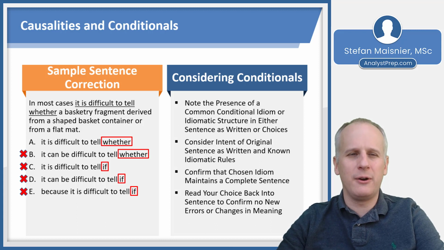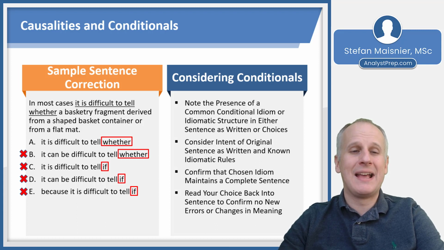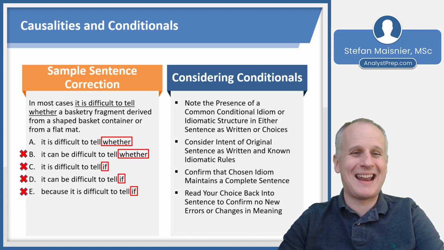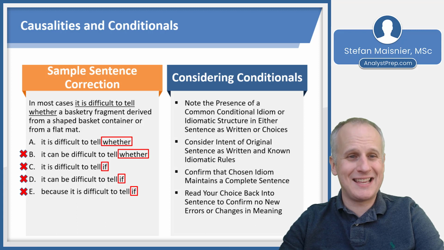And if we go back to our ifs, and this is how you can remember, if has to introduce a hypothetical. So if I said, in most cases, it is difficult to tell if a basketry fragment derived from a shaped basket container or from a flat mat, and it has to do something. Because if that derived basketry fragment, that now is a descriptor and not the main verb, because whether it derived is the action.